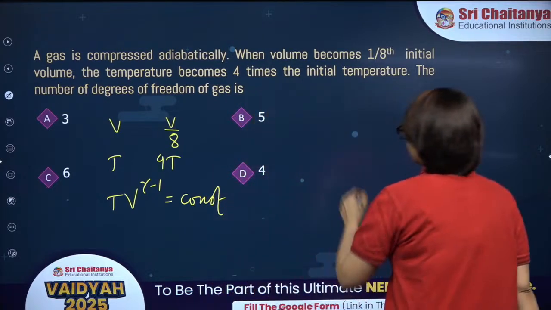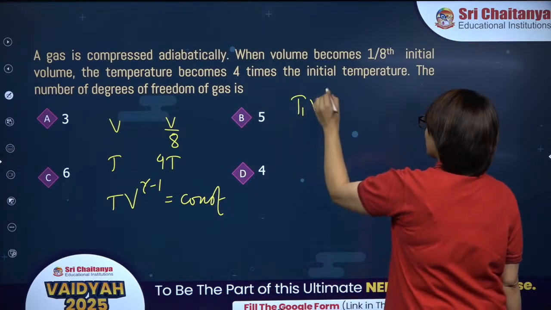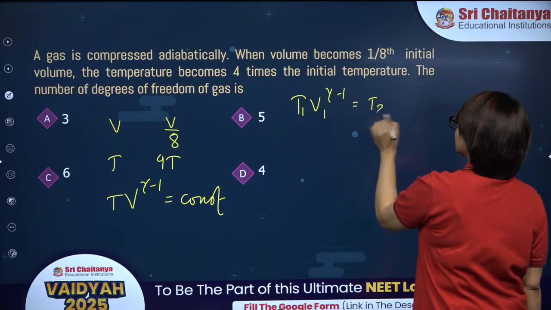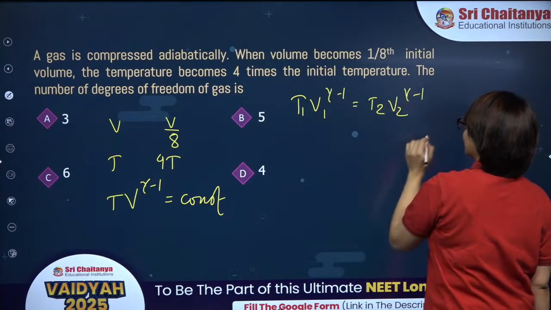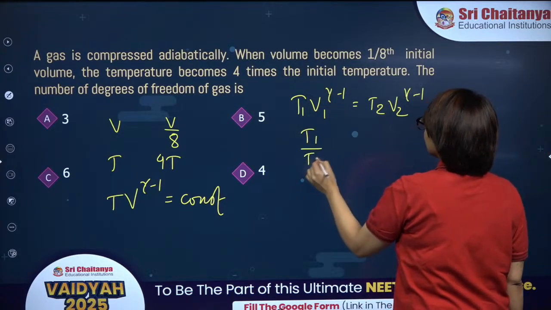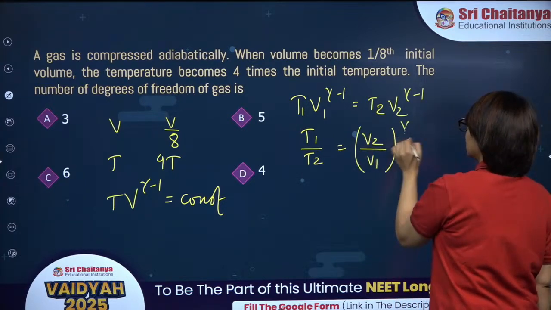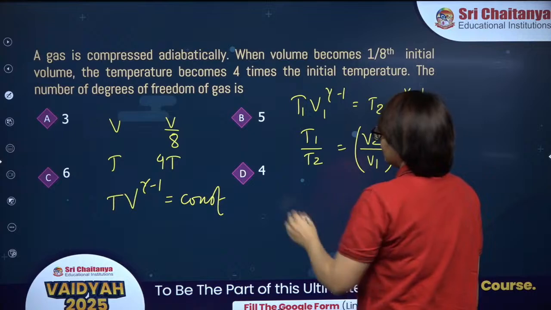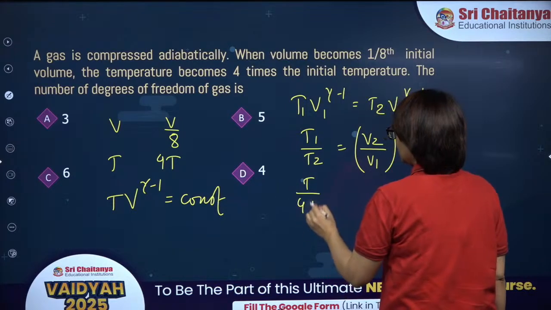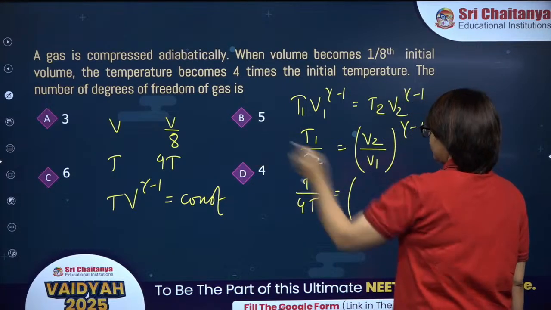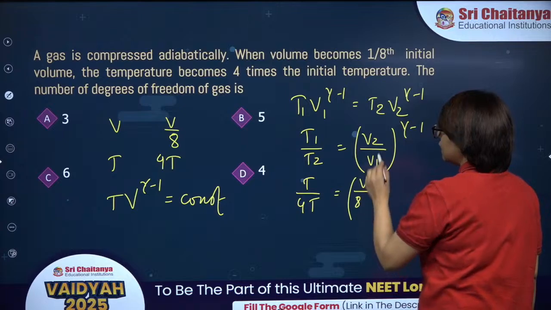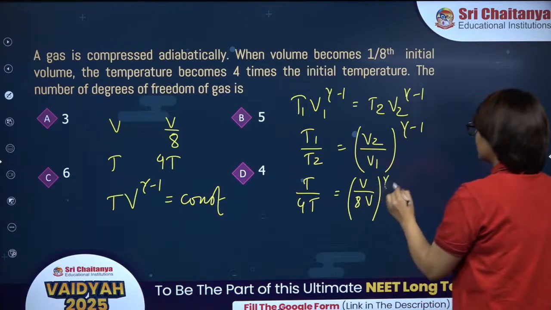So you can apply this one. T1 V1 power gamma minus 1 is equal to T2 V2 power gamma minus 1. So T1 upon T2 is V2 upon V1 power gamma minus 1. T1 is T, T2 is 4T, V2 is V by 8 and V1 is V, power gamma minus 1.